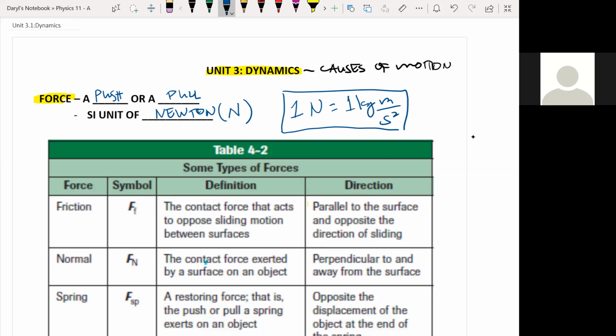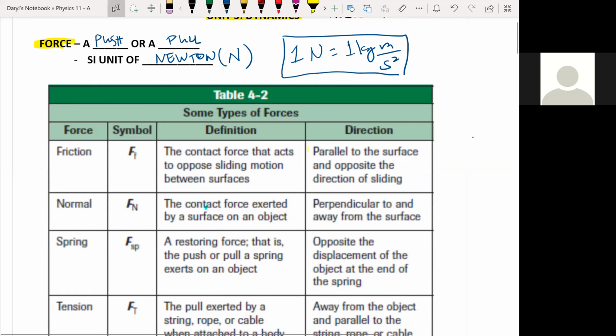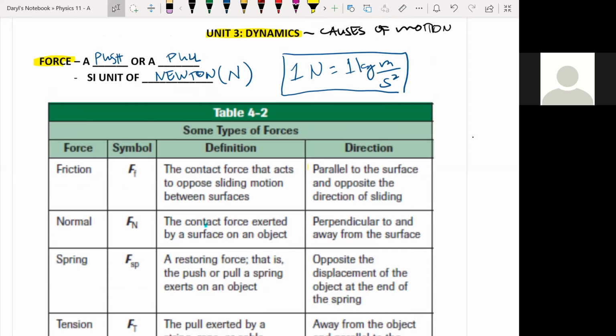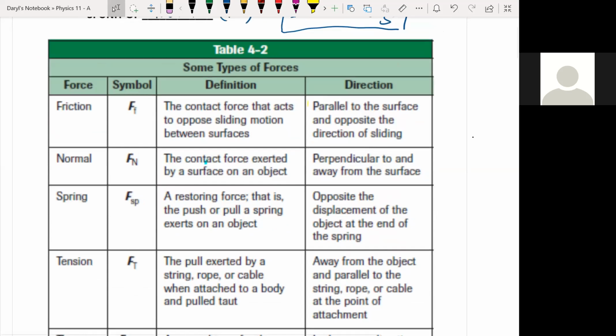This is not part of your, I mean, I didn't include this one in your note template. However, this can be found in your textbook, okay?